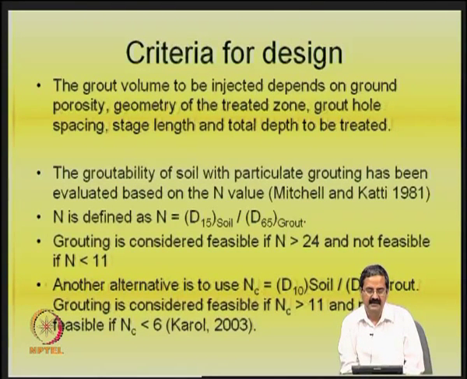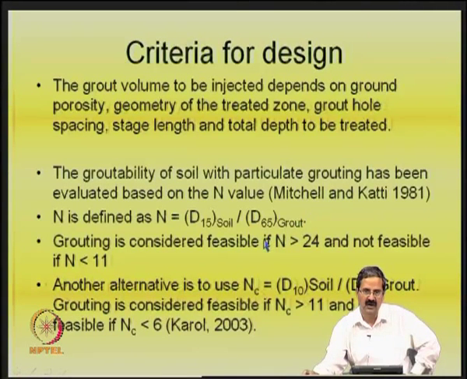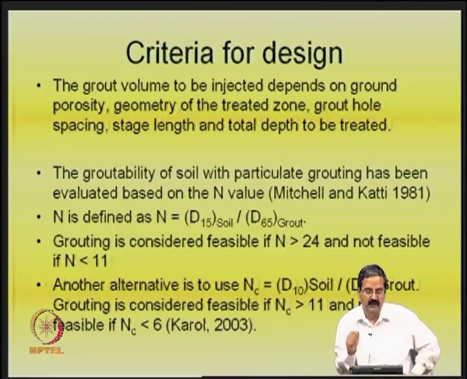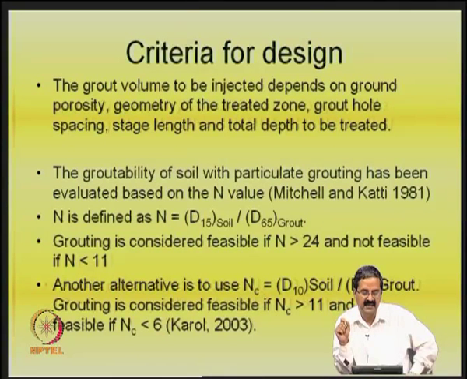There are some guidelines on to what extent a particular area is groutable. So, for example, they define an N factor, which is an N value, which is nothing but the D15 of the soil divided by the D65 of the grout. You can see that you are trying to compare the size of the grout and the size of the soil particle.